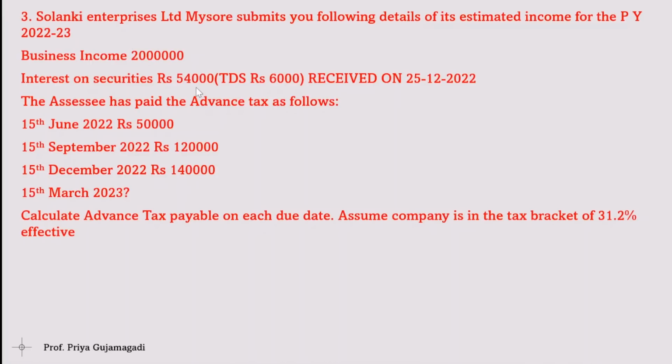We know interest on securities comes under the head income from other sources. On that, TDS paid is 6,000. So ultimately how much was our interest on securities? 54,000 plus 6,000 comes to 60,000.